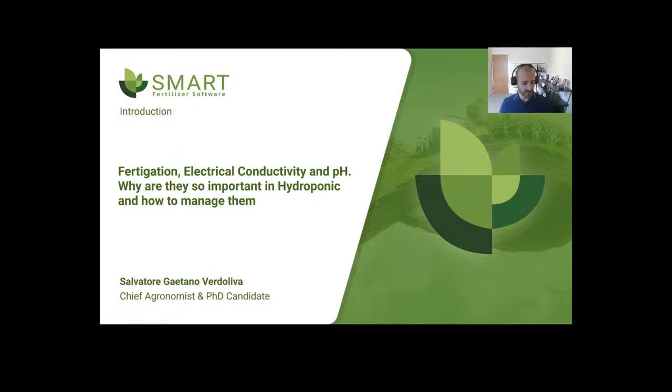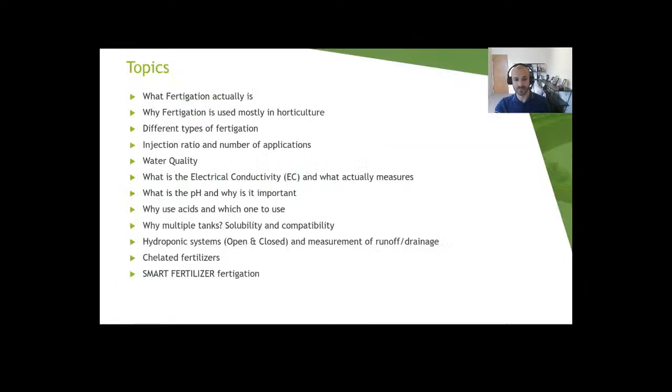But today we will talk about hydroponic as well, but more generally about fertigation. So what fertigation actually is, electrical conductivity, so EC, and pH. So we'll talk about what these three things are, and also how to manage them in hydroponic, but also generally in fertigation.